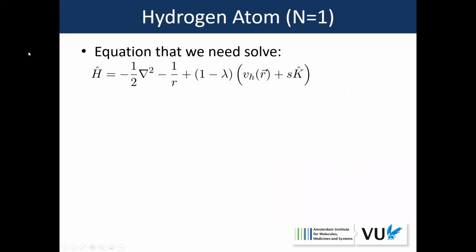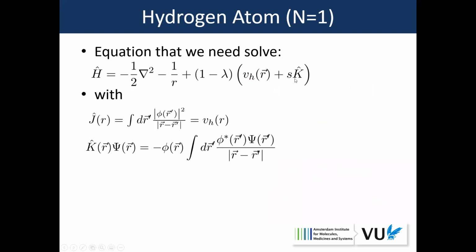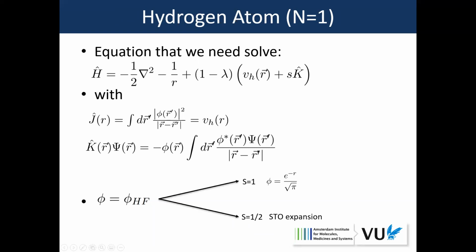The equations that we need to solve are like this. We have J defined as this, and K defined as this, where these orbitals are the Hartree-Fock orbitals, which you can get from a self-consistent calculation at lambda equals 0. For S=1, this self-consistent calculation gives you just the 1s orbital from normal Hartree-Fock theory, and for S=1/2, you have this factor in front of the K, which means that you cannot get it very easily analytically, so you need to use an STO expansion.